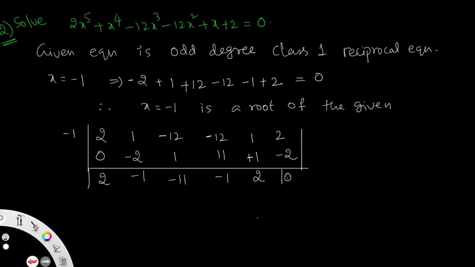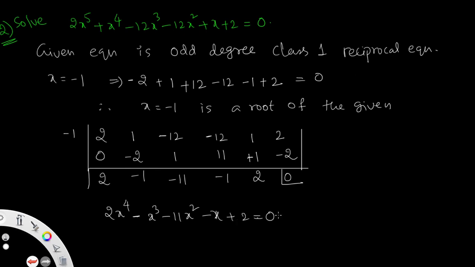Then the equation can be changed into, since minus 1 is a root, the degree is one lesser: 2x to the power of 4 minus x cube minus 11x square minus x plus 2 equal to 0.